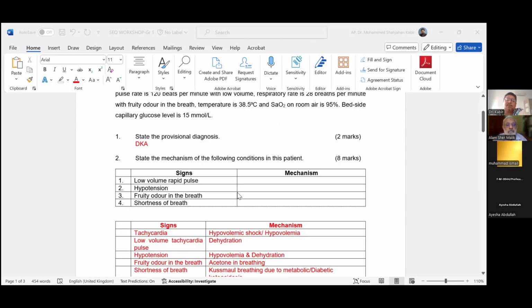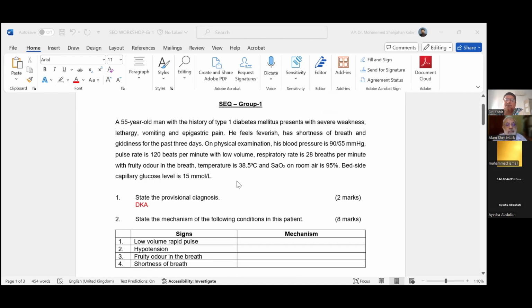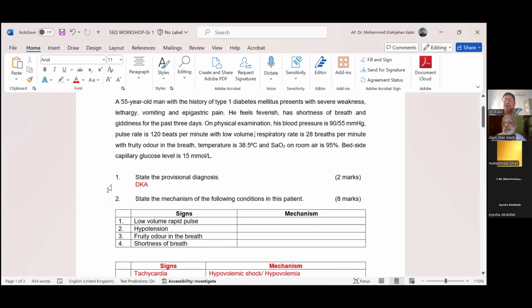Sir, many clues are given, like type 1 diabetes. That doesn't matter. Somebody might still say, okay, it's diabetes with severe dehydration.